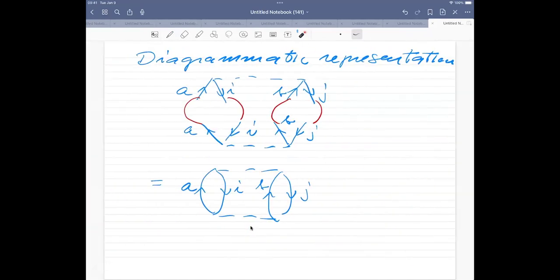So if you now look at this diagram, what you can see very explicitly when you draw a line in between the vertices is that this is a two-particle, two-hole excitation. That's the kind of language which you end up using, saying that this is a typical two-particle, two-hole excitation of the system.